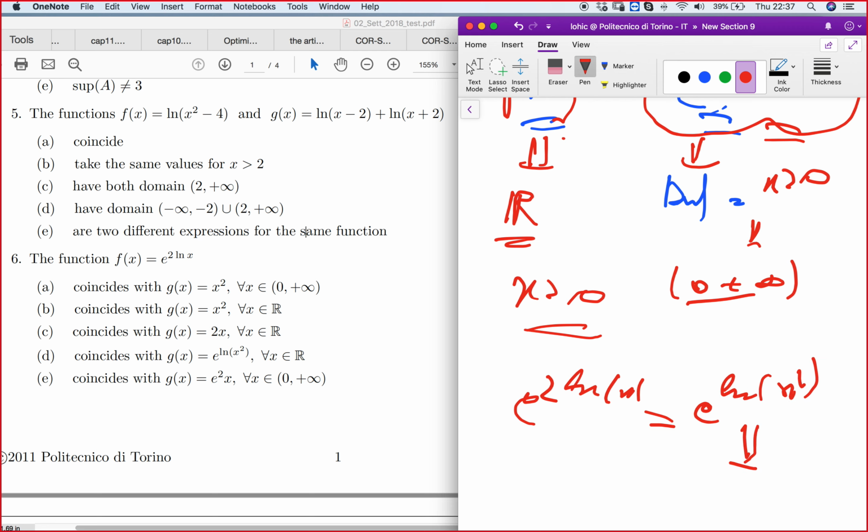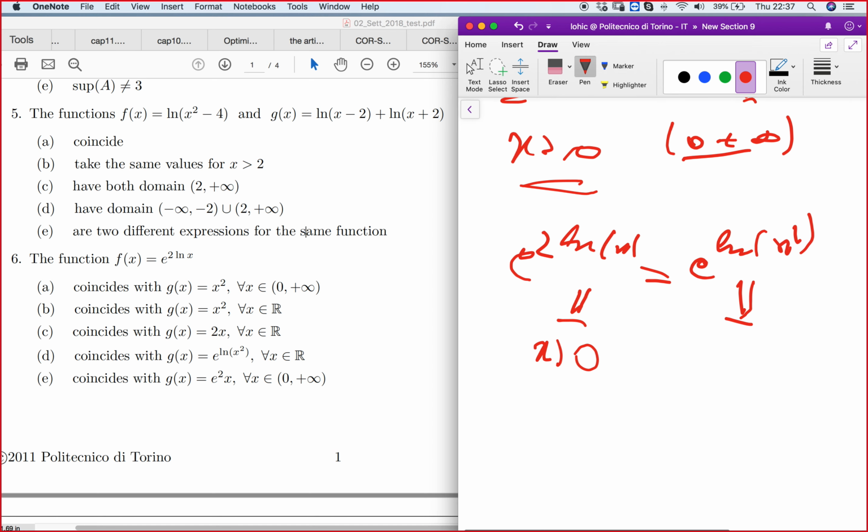But here the domain will be x strictly greater than 0, while here the domain will be x squared greater than 0, which just means that x is not equal to 0. So on one side you get x greater than 0, and on the other side you get x not equal to 0.